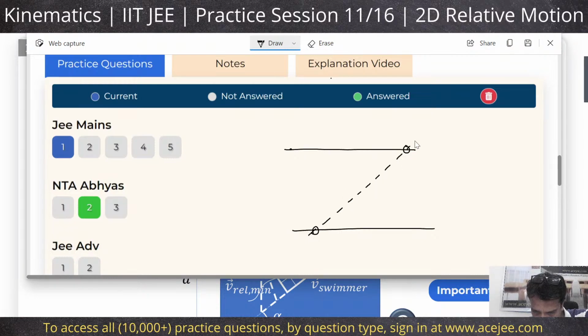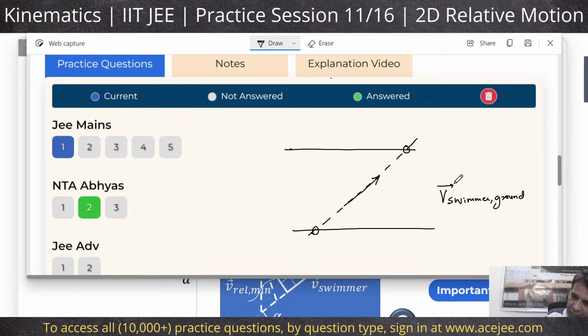Correct, no? This is the net, final direction of travel with respect to the ground. So this is V swimmer with respect to the ground, the direction of that vector.